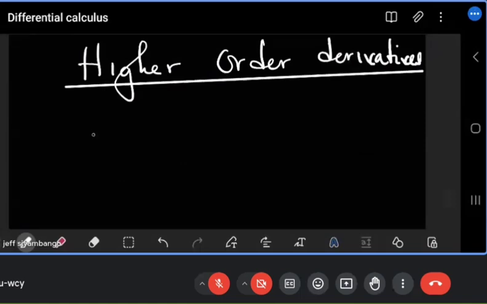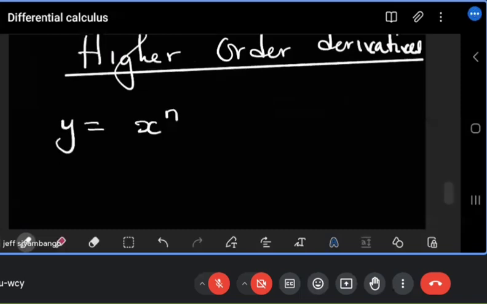So when it comes to higher order derivatives, we're just talking about the second derivative, third derivative, fourth derivative. So what does it mean? You differentiate a function once, then you differentiate it again. Like you have y equals x to the power n.